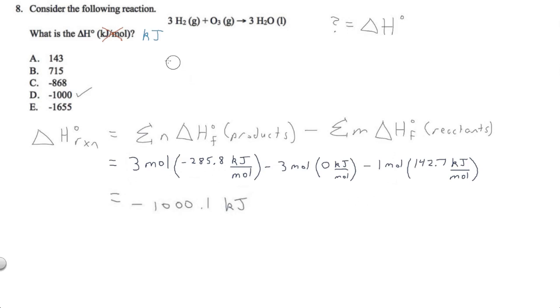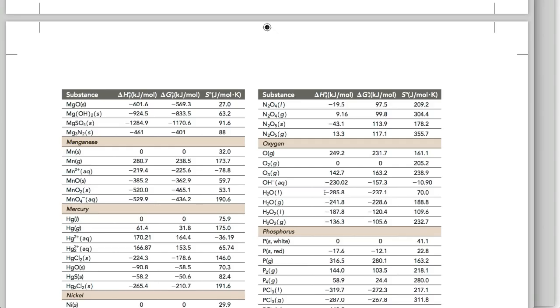Actually, on second thought, I think that this problem is slightly miswritten. It would be better if the problem said that the choices are in units of kilojoules rather than kilojoules per mole. These numbers from the table are in units of kilojoules per mole.